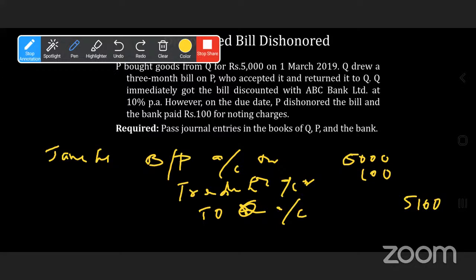Bill dishonored, noting charges payable. So these noting charges have to be paid by P to Q.